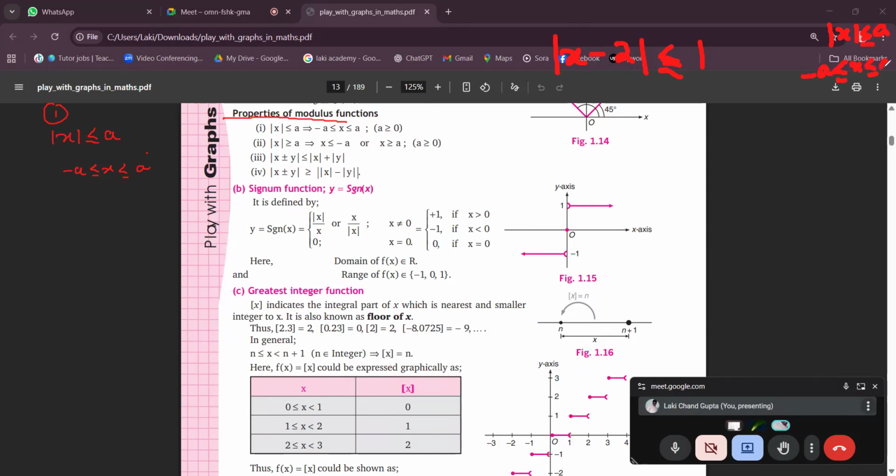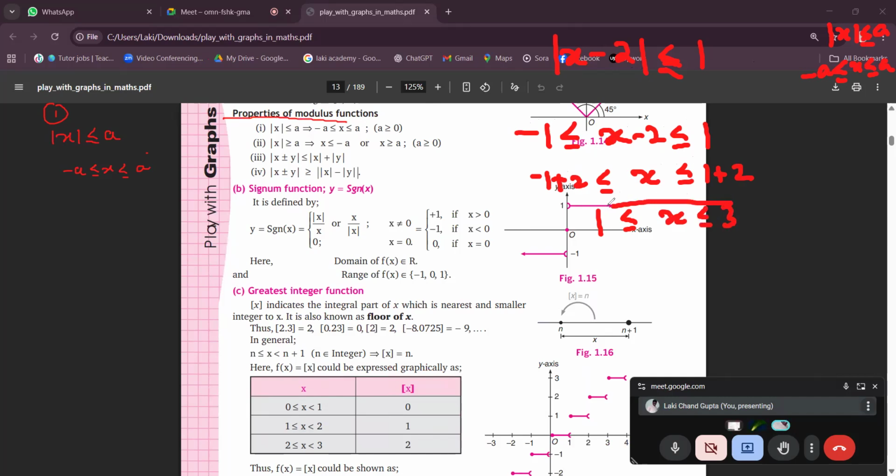So you can write from minus 1 to plus 1. Add 2 on all sides, so you will get 1, 2, 3. The value of x will be from 1 to 3. You can put any number from 1 to 3, and its value will always be less than or equal to 1. So this is the first property.